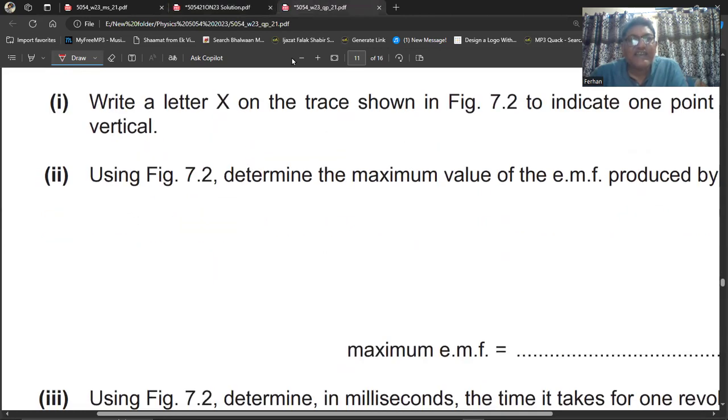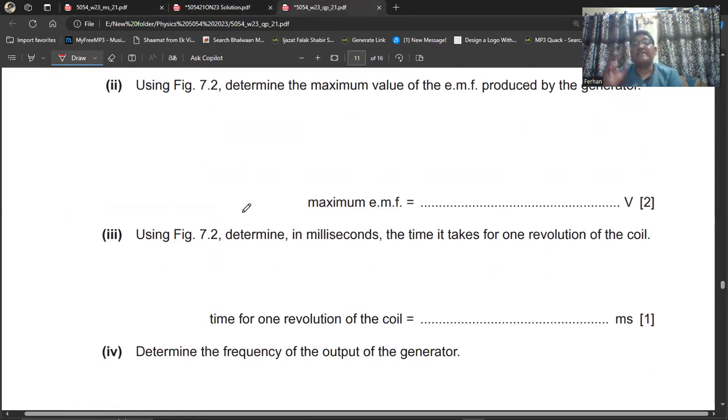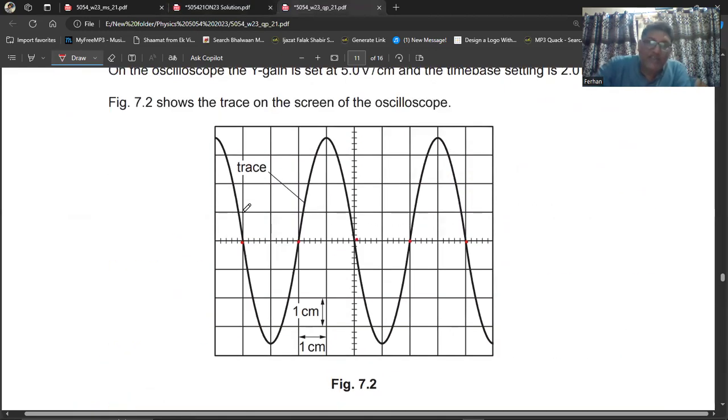Okay, then he says, using figure 7.2, determine in milliseconds the time it takes for one revolution of the coil. So we have to tell the time period. Let's say from here, if I start the wave, here the wave is completed.